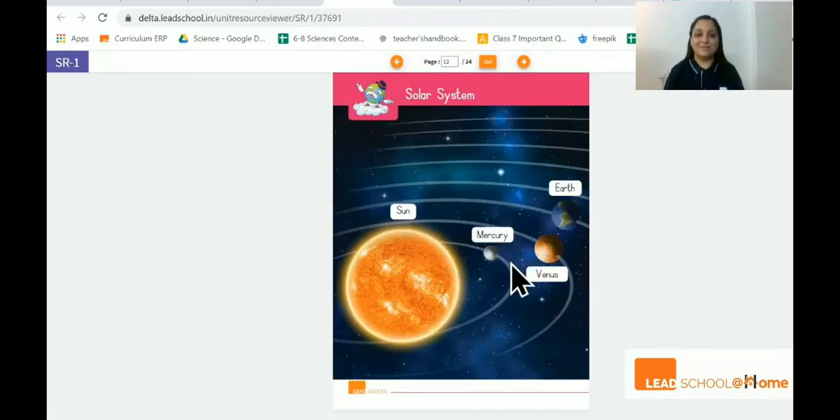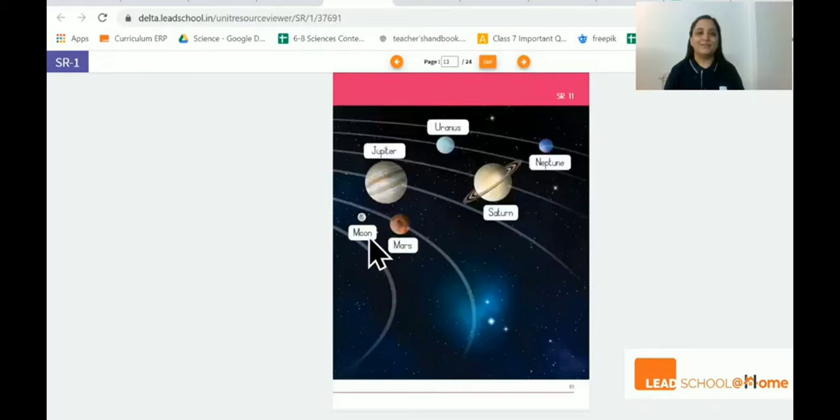So tell them this is Mercury, Venus, Earth, and then the Earth's natural satellite, the moon, Mars, Jupiter, Saturn, Uranus, and the farthest away planet, Neptune. So please show them this picture when you talk to them about different planets.